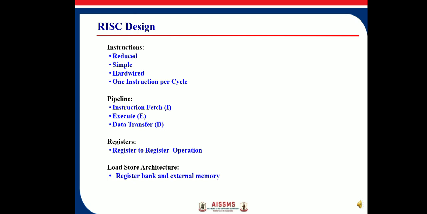So in this reduced instruction set computer design, there are four basic design considerations: instruction, pipeline, register, load store architecture. So these are the major design considerations, where in instruction it is reduced, simple, hardwired, one instruction per cycle, and in pipeline there are three major phases: instruction, execute, data transfer.